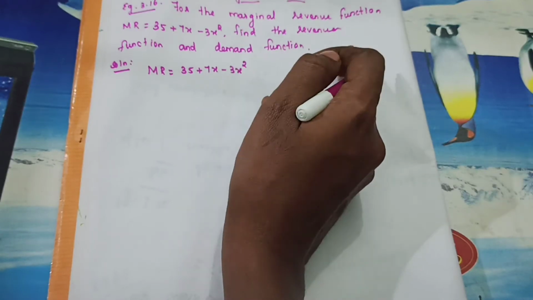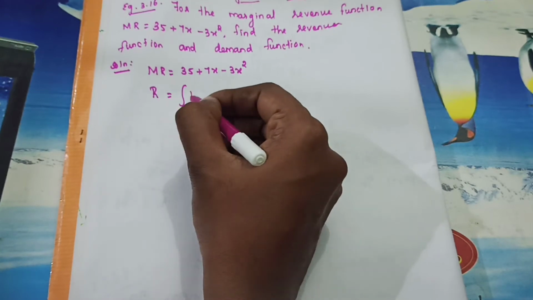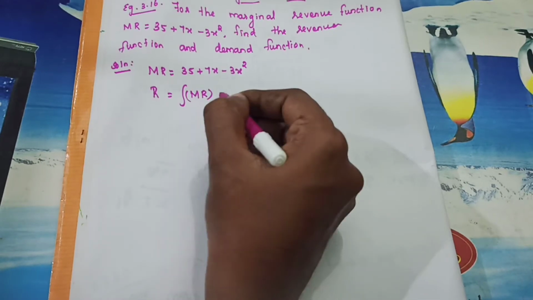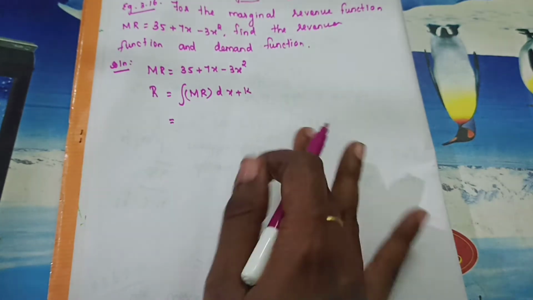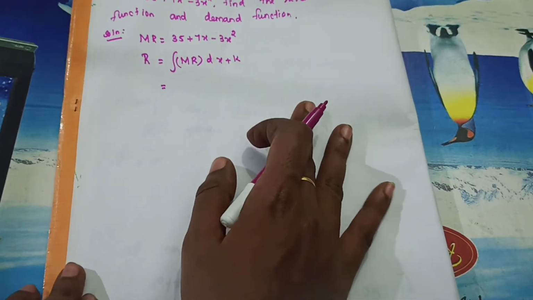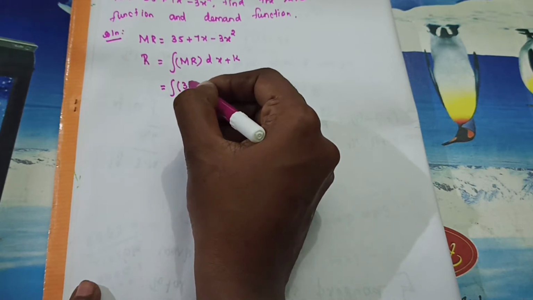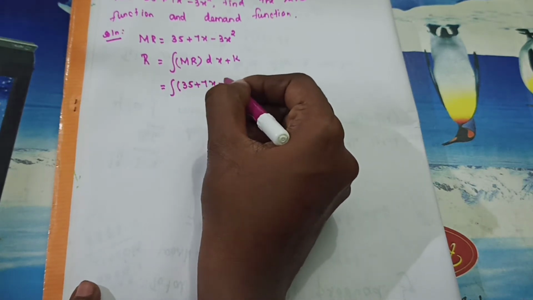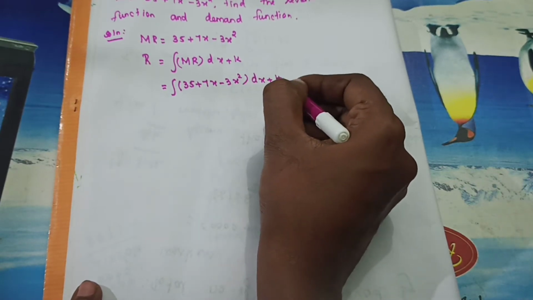So revenue function, what's the formula? R is equal to the integral of MR dx plus K. This is the formula we have learned. So the integral of MR, 35 plus 7x minus 3x square dx, plus one constant.